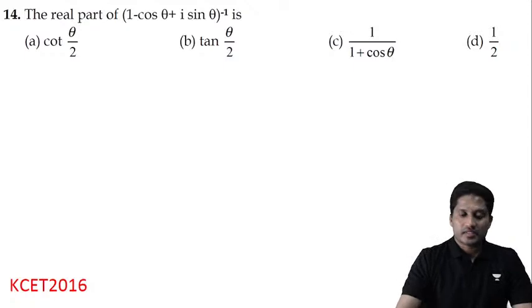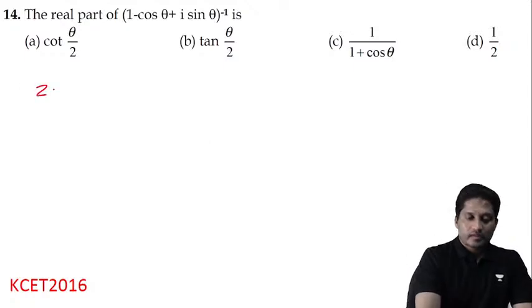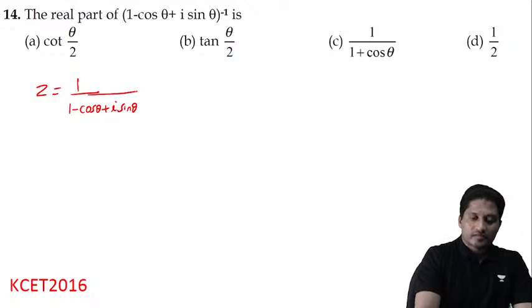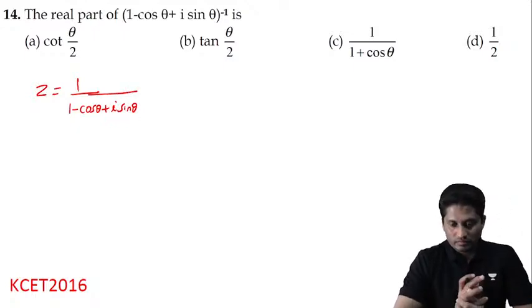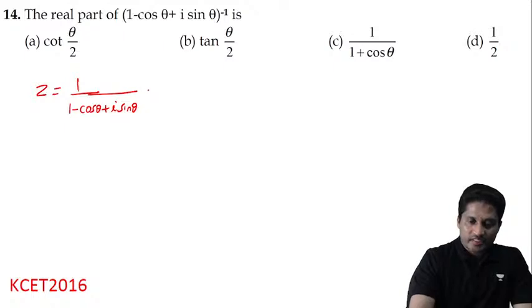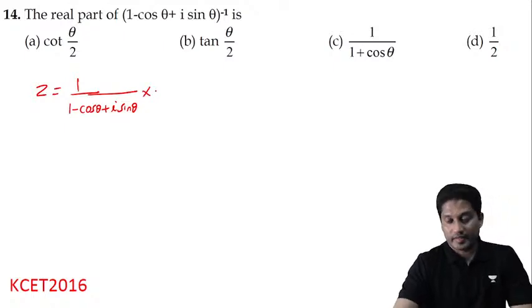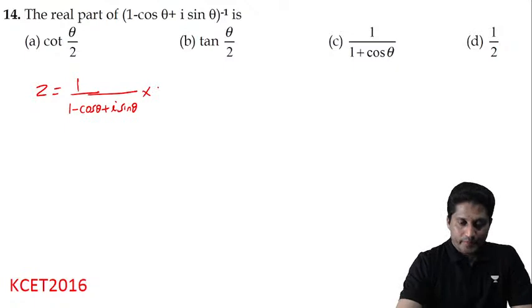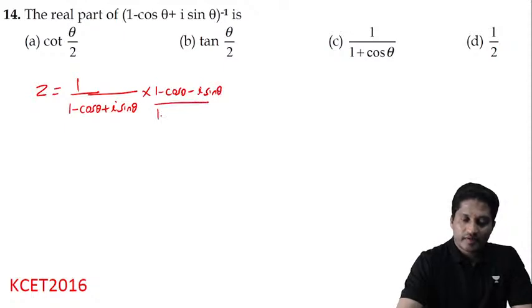Real part of this complex number z is equal to 1 upon 1 minus cos theta plus i sin theta. Now if I rationalize this, multiply and divide by its conjugate, 1 minus cos theta minus i sin theta, whole divided by 1 minus cos theta plus i sin theta.